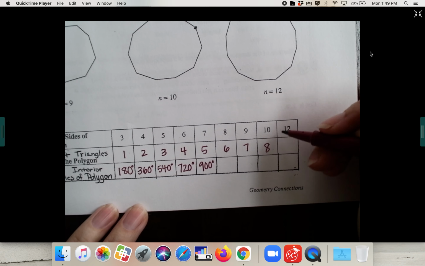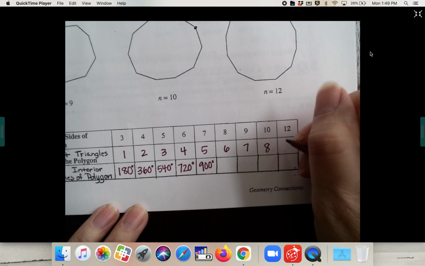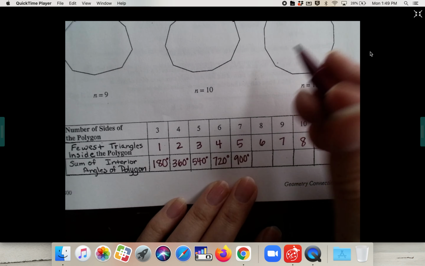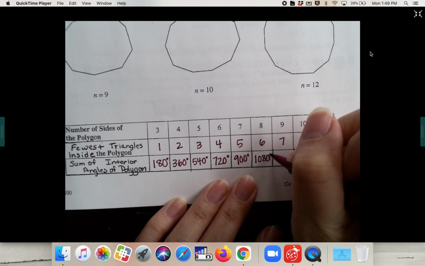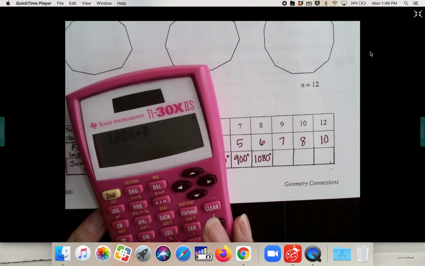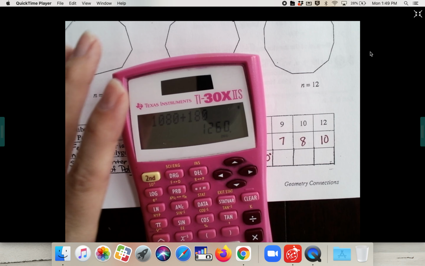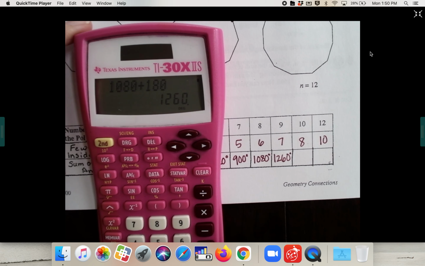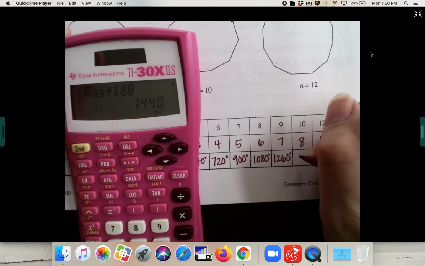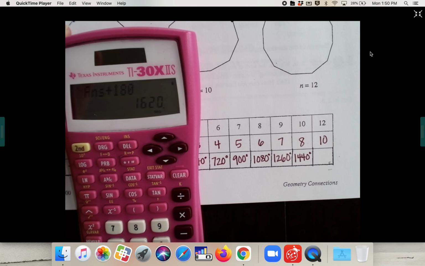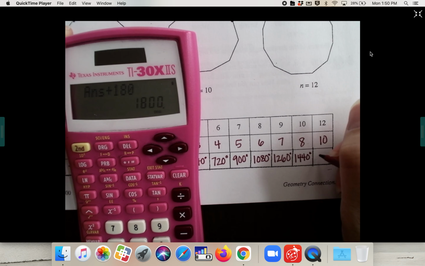Oh, this skipped 11, so be careful here. So we're going to skip 9, and this would be 10. Okay, and we're going to add 180 to each of these. So this would be 1080. 1080 plus 180 is 1260, plus another 180 is 1440, and then plus another 180, oh, I forgot we skipped 11, so plus another 180 is 1800.